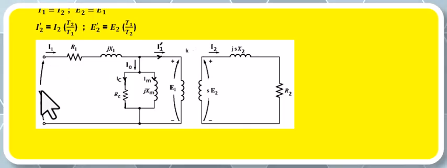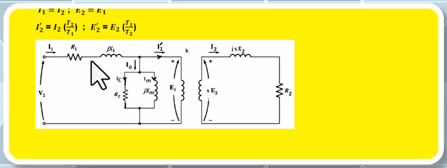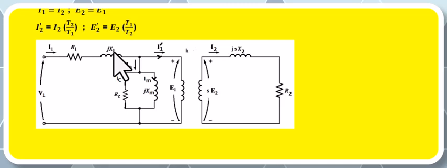Here V1 is called the applied voltage per phase to the stator of the three-phase induction motor, I1 is the input current per phase to the stator, R1 is the stator winding resistance per phase, and X1 is the stator reactance per phase.